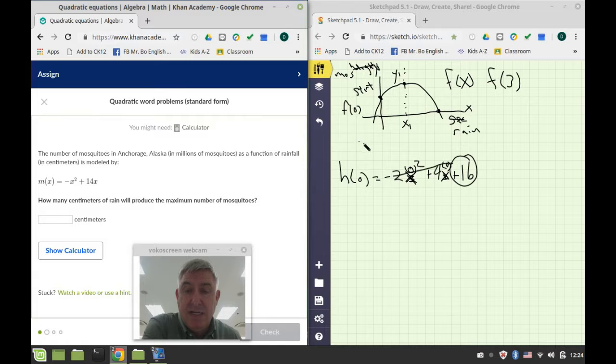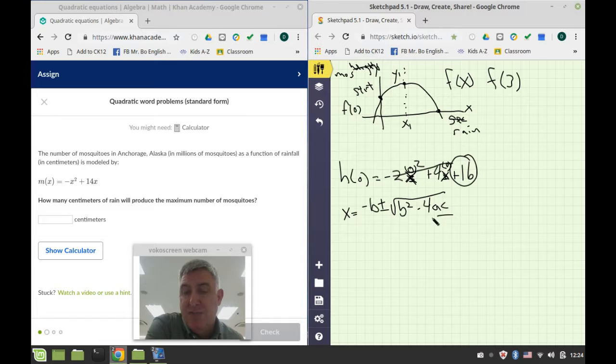You'll remember that from our last video. If we use our quadratic formula, x is equal to negative b plus or minus square root of b squared minus 4ac all over 2a. And if we get rid of this plus or minus part, we end up with the axis of symmetry, because then there's the plus and then there's the minus.